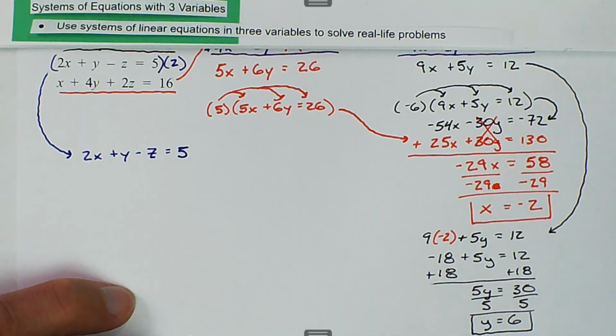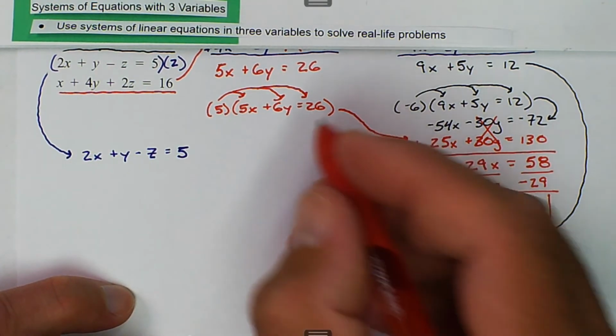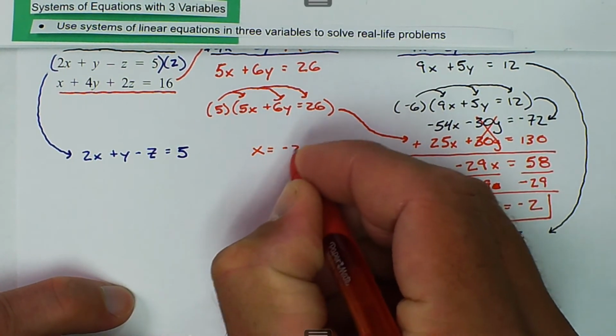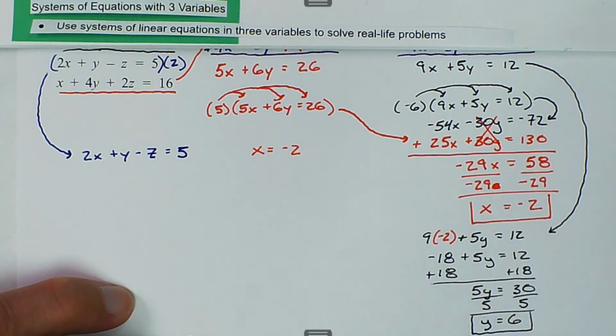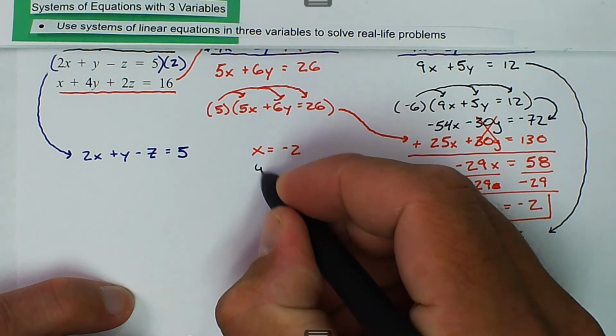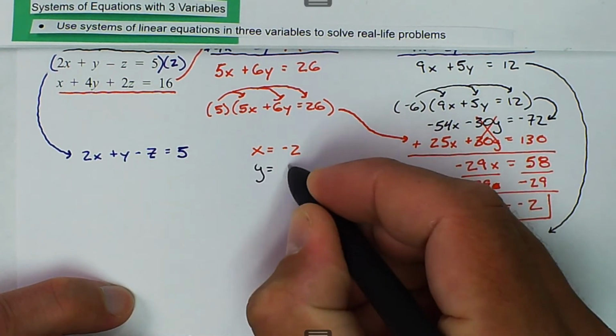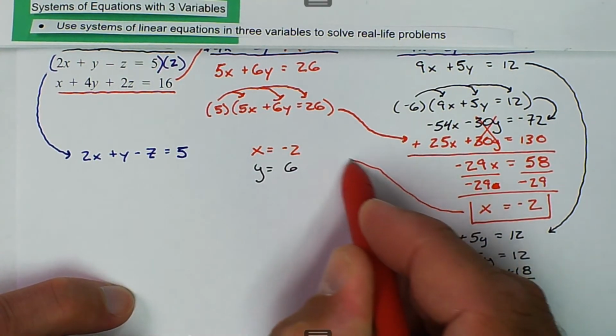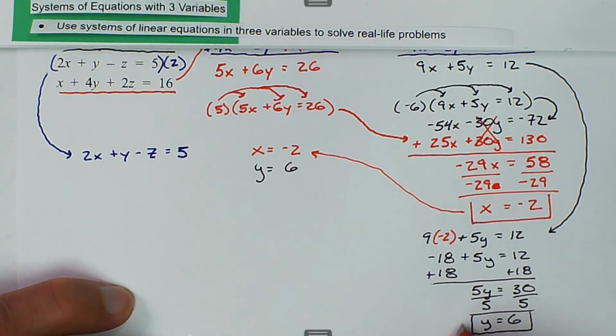Now we have an x and we have a y. So x is equal to -2 and y is equal to 6. So we're going to take those values. So we got those from here, right? We calculated those already. We got that from there. And we got the 6 from here.